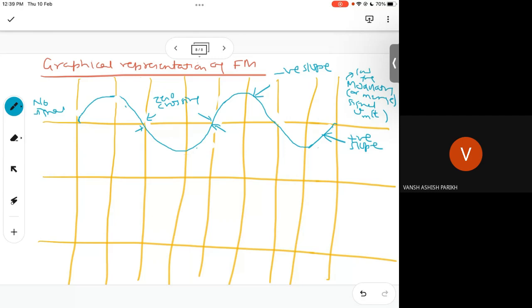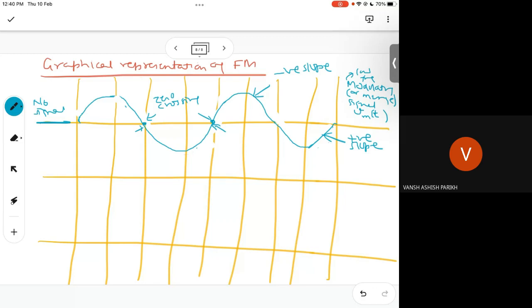So I've defined various points just to show you clearly how my FM wave looks, how the carrier is varied in accordance with this message signal. At this point, there is no signal. This point I defined as zero crossing point because it crosses the zero. This side point we defined as negative slope because here my slope is decreasing. And such things we define as a positive slope where my slope is increasing.